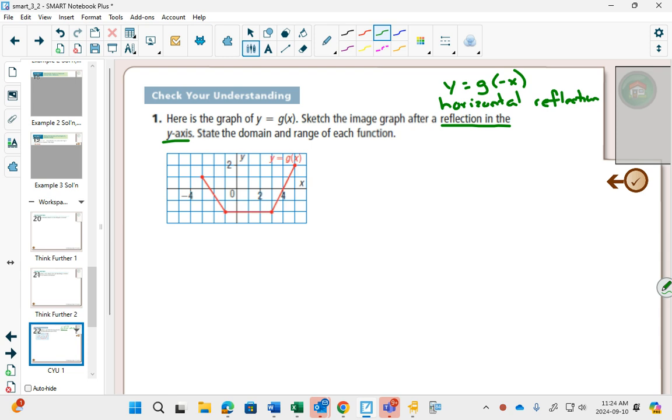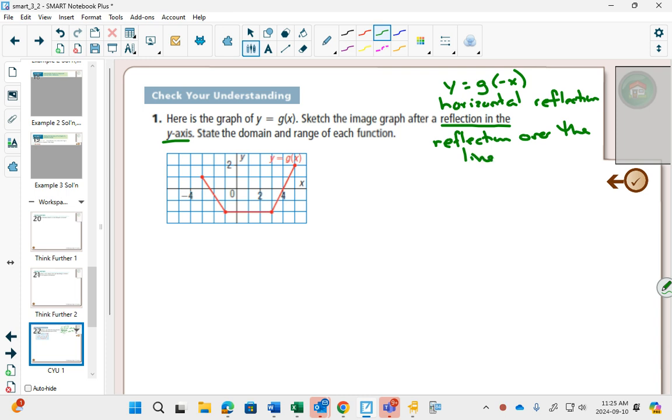This horizontal reflection means that the negative is inside. So they could just say, sketch the image graph after horizontal reflection. Sketch the image graph after a transformation of y equals g of -x. And sometimes they give the same thing by giving the equation of the line.